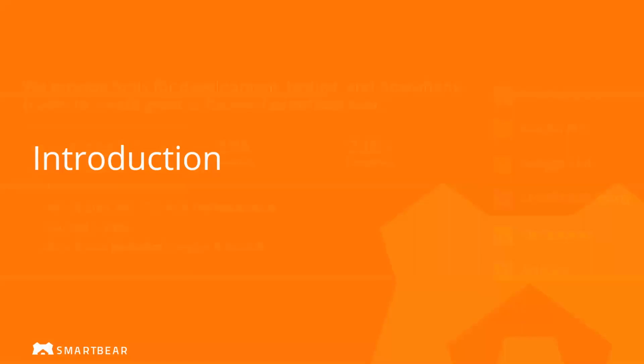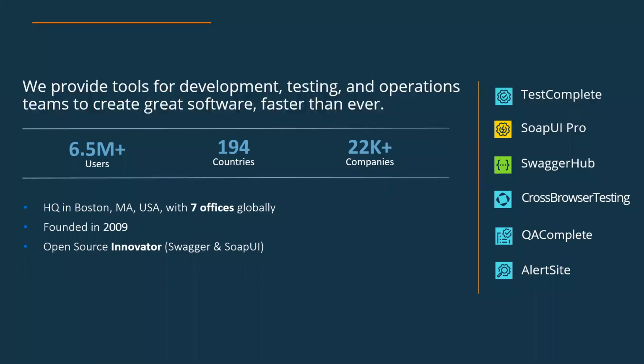As an introduction, just a small bit about SmartBear. SmartBear provides tools for development, testing, and operations teams to create great software faster than ever. Myself and Joe mainly work with the API tool set for design, documentation, testing, and virtualization, but within SmartBear, we provide tools across the full product lifecycle.